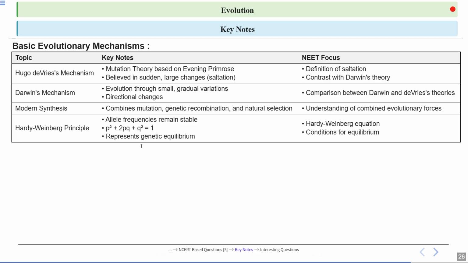You should know the mathematical expression of the Hardy-Weinberg principle, which is p square plus 2pq plus q square equals 1. The Hardy-Weinberg principle basically represents genetic equilibrium, meaning the gene pool will remain constant. You should know the Hardy-Weinberg equation and the conditions required to maintain genetic equilibrium.